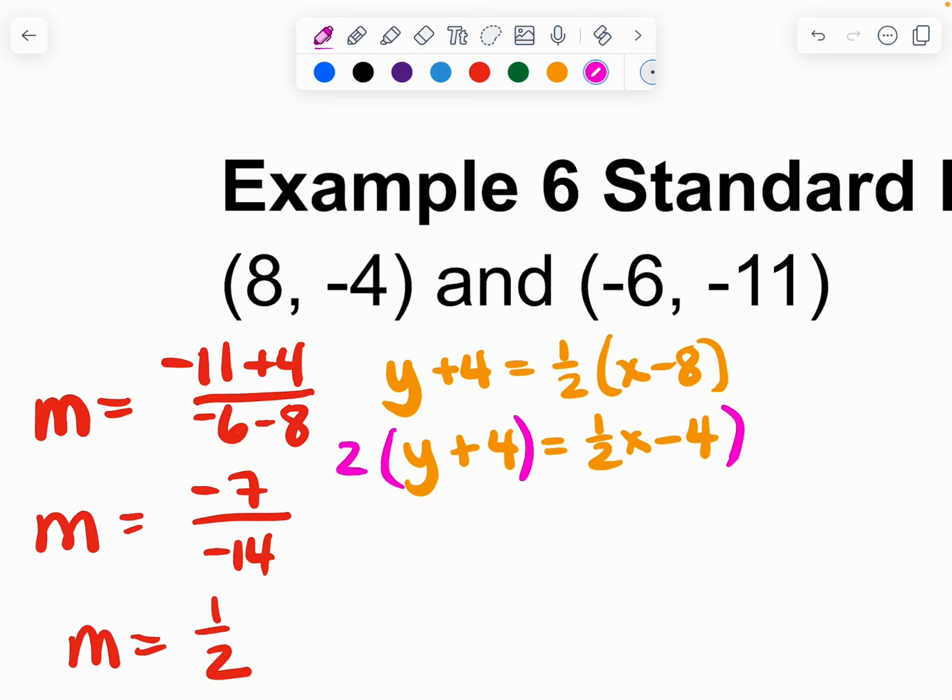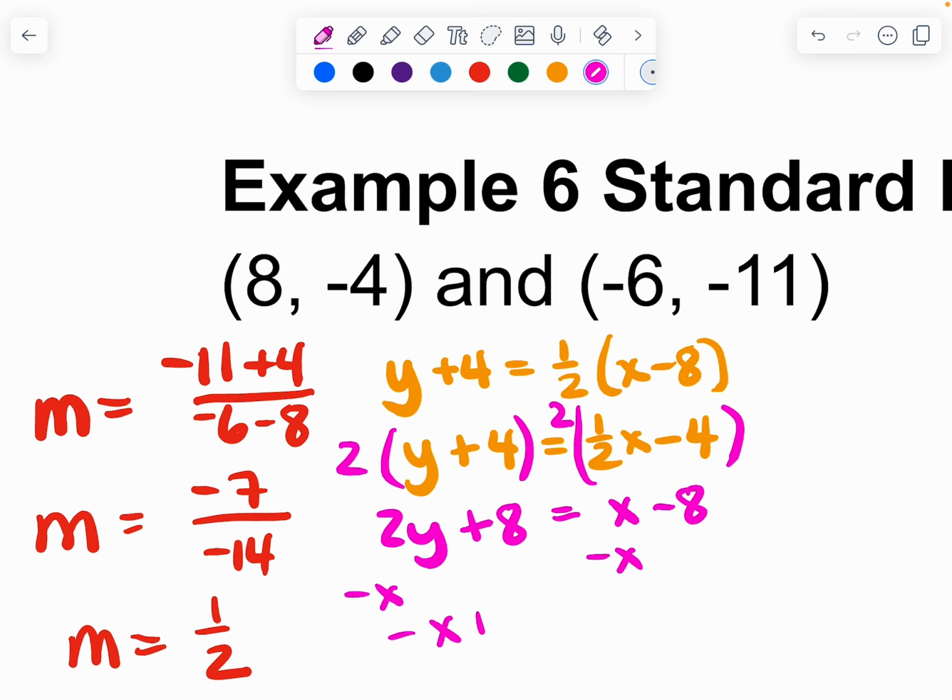Could I have done it at any time? Sure. So I get 2y plus 8 equals x minus 8. Subtract x, and I get negative x plus 2y plus 8 equals negative 8.